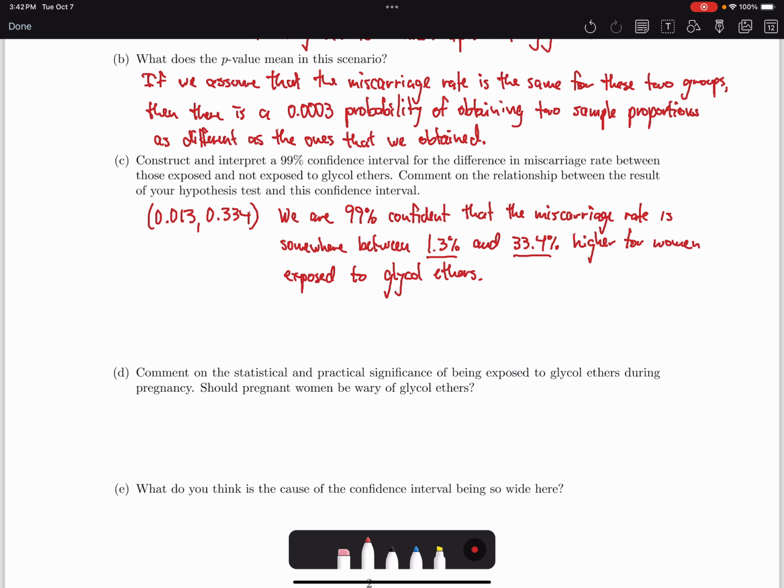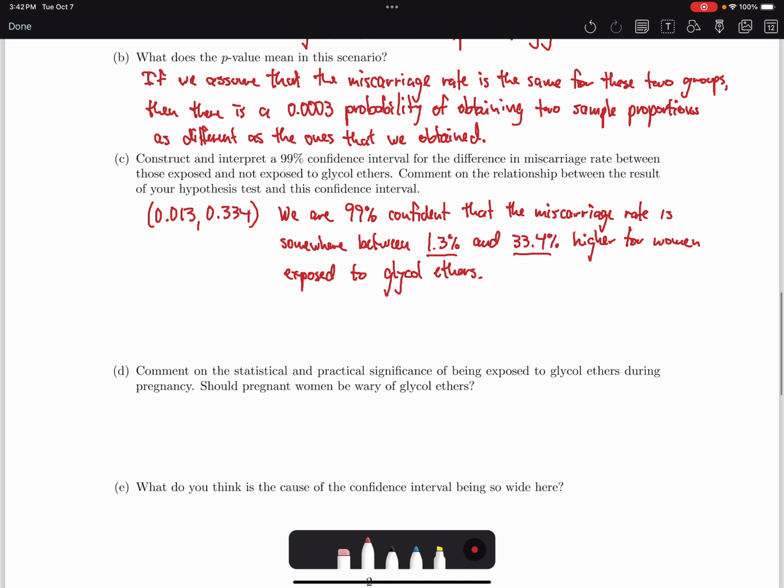I suppose one thing that ought to be pointed out here is that 0 was not inside of this confidence interval, right? If 0 were in the confidence interval, you would get a negative number on the left and a positive number on the right. Why am I pointing that out? Well, because if 0 were in the confidence interval, then we would not be able to safely conclude that there's no difference between the proportions, right?